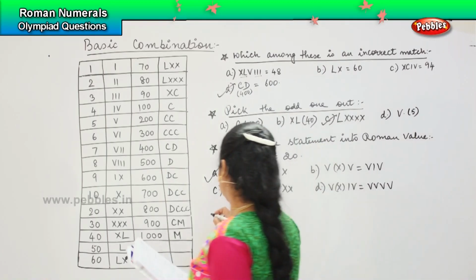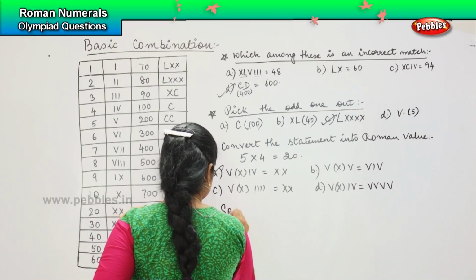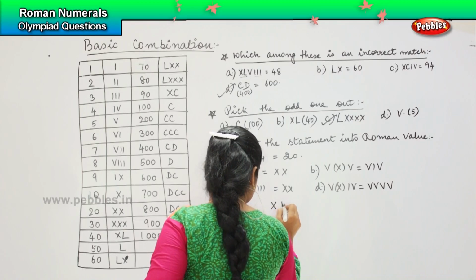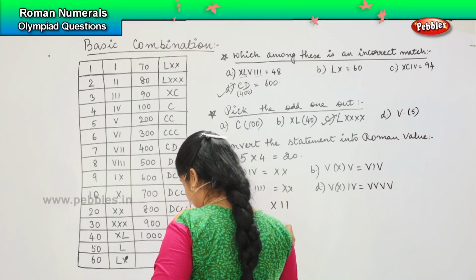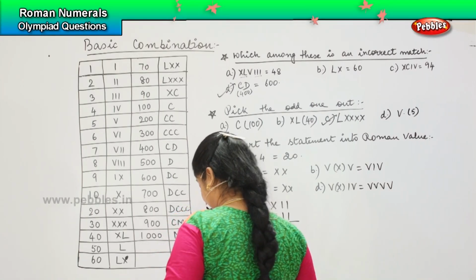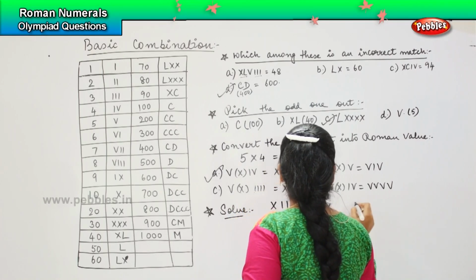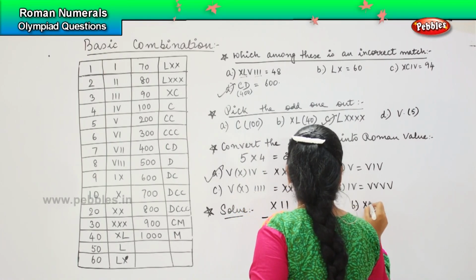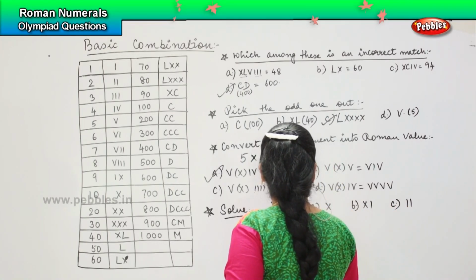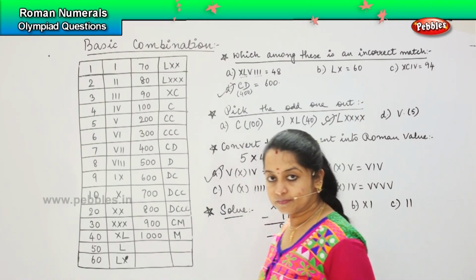Okay. The next question is, solve XII minus II is how much? Your options are A, X. B, XI. C, 2 I's. And D, X followed by 2 I's.